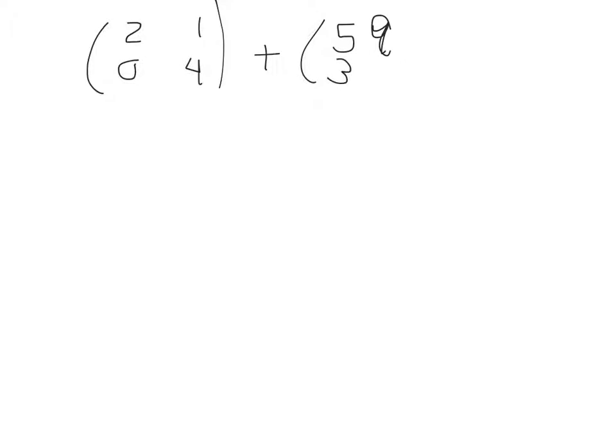All right, so what are some things that we do? We add, and it has to be the same size. So if I have 2, 1, 0, 4, plus 5, 9, 3, 6, then the output is going to be 7, 10, 3, also 10.